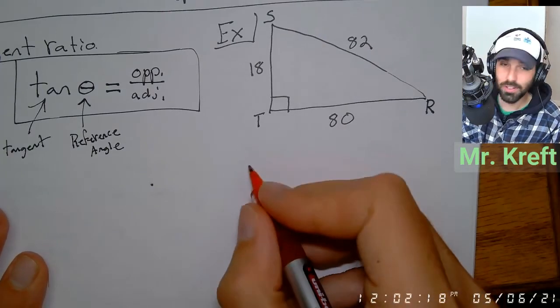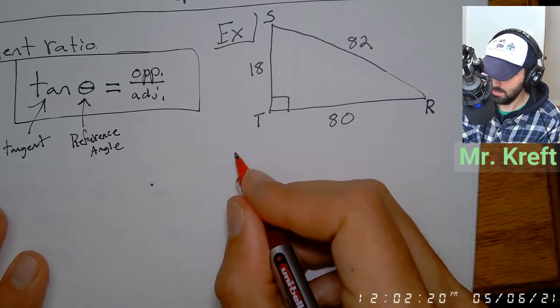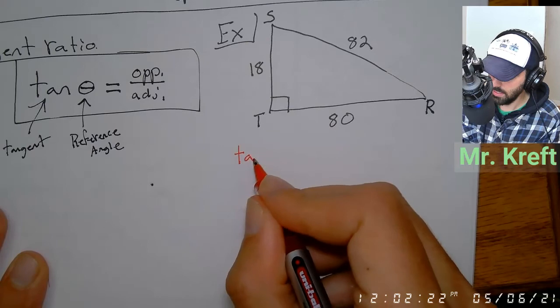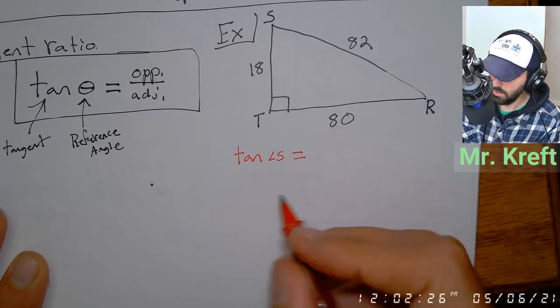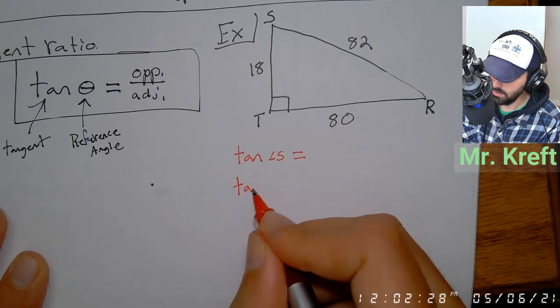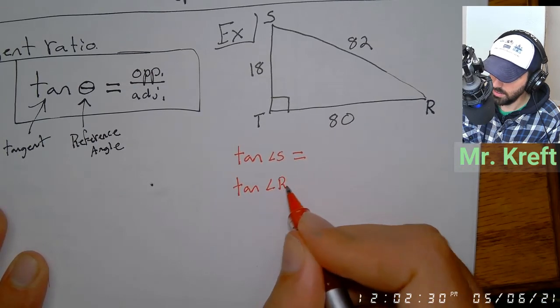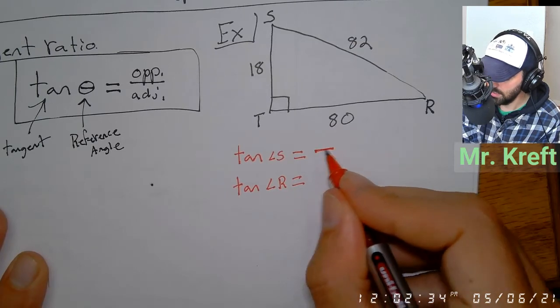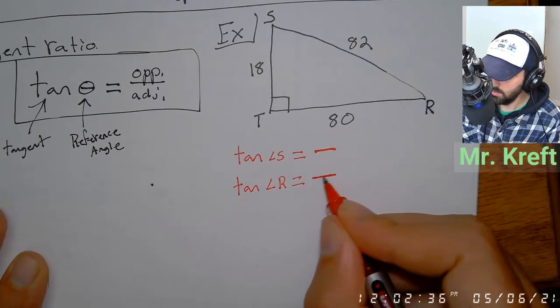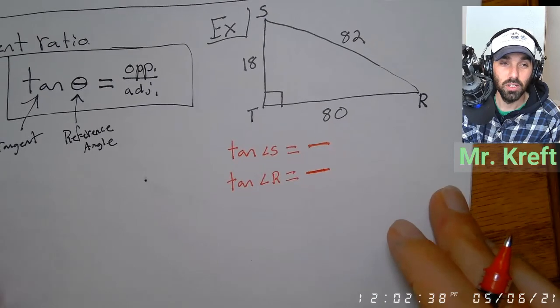I want you to tell me what tangent of angle S equals and what tangent of angle R equals. And remember, your answer is going to be a fraction. It's going to be a ratio.